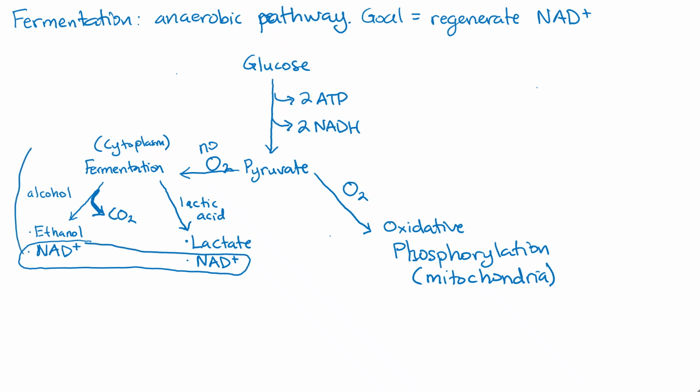So the NAD+ here feeds into glycolysis over and over again as long as there's a source of glucose available to continue the 2 ATP production. So we again can say glycolysis produces 2 ATP. Fermentation allows glycolysis to run over and over again.